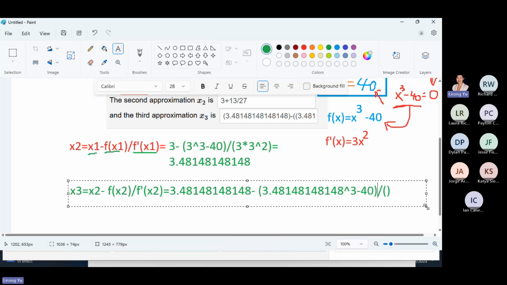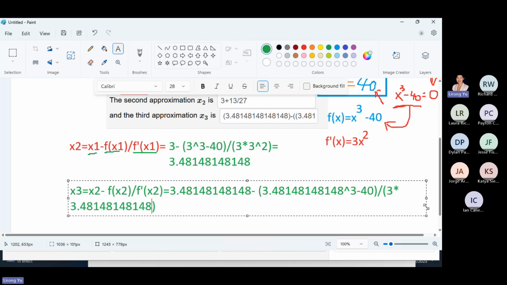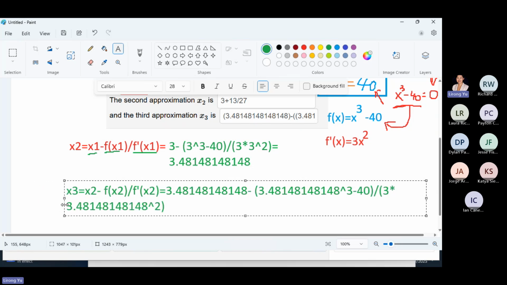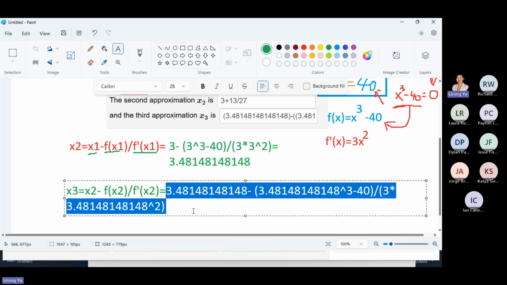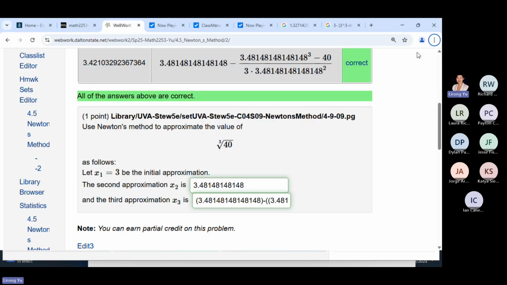That's the function value. In the denominator, we need the derivative. It's 3 times the x value, which is this, and then divided by 2. So that's the derivative calculation. And it's way longer than I can fit in one line. And that will be the calculation we need to put in the calculator.